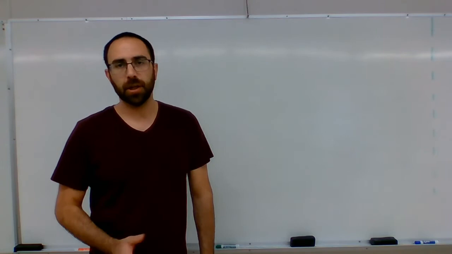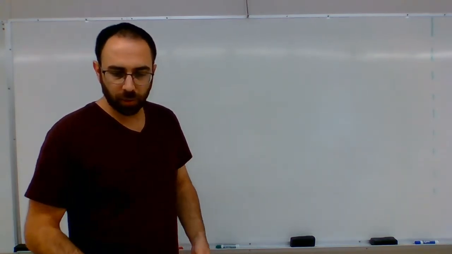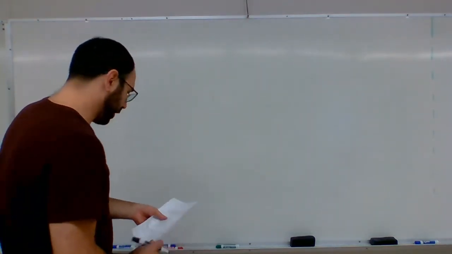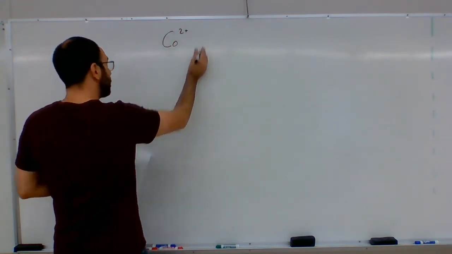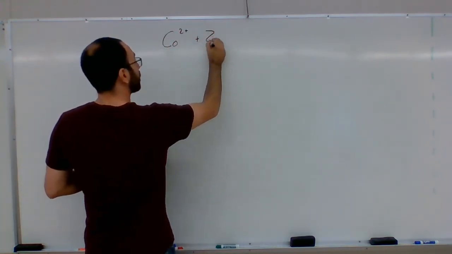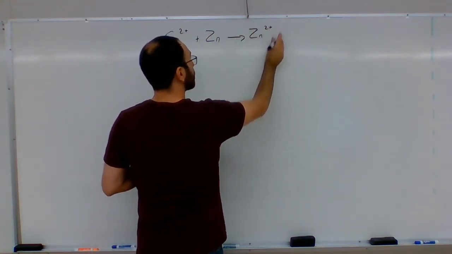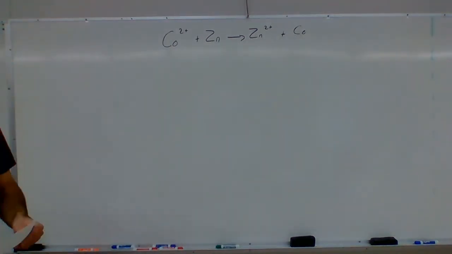Okay, so we're going to take a look at another example here, and we're going to look at cobalt 2 plus and zinc going to zinc 2 plus and cobalt metal. Okay. So we want to take a look at this and just kind of write out our two reactions.